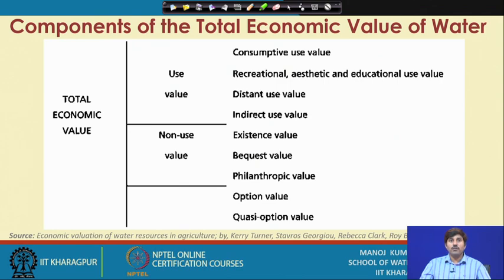So, there is existence value, then bequest value, which is the legacy-wise value of how much water one is holding based on the legacy transferred. Then philanthropic values. And of course, there is option value, which, as I was saying, could be placed under use or non-use; we will talk about this later. And then there are quasi-option values.